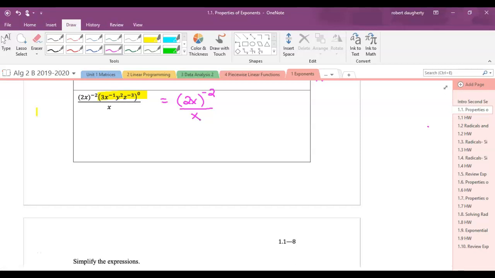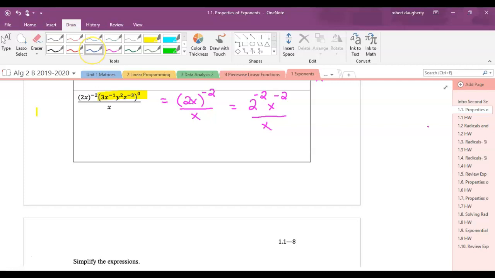So what is raised to the negative 2 power? 2x. Both of those things are raised to the negative 2. So let's distribute it out. This is 2 to the negative 2, x to the negative 2 over x. Now what do I do to simplify that? Here are where I can do a couple of things.